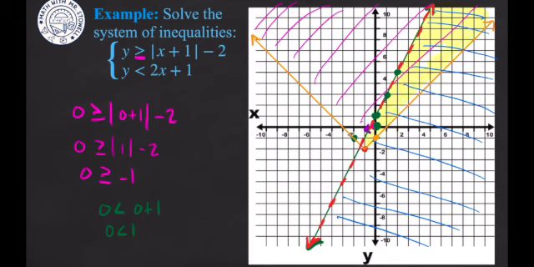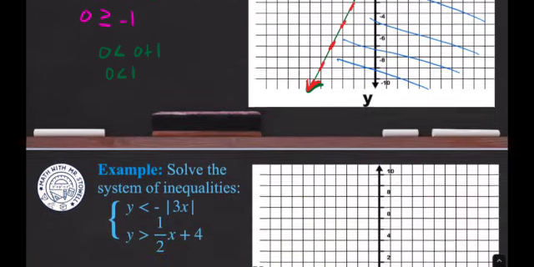So this is where the answer lies. Nowhere else, just between there. The only solutions to this system of inequalities is a spot that is in both of the shaded regions. So that would be the solution to this. You could regraph it to be just that section right there.